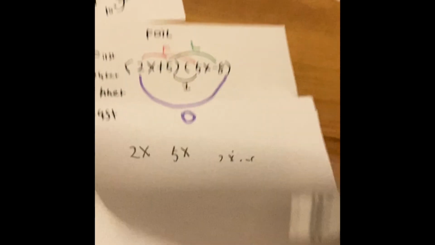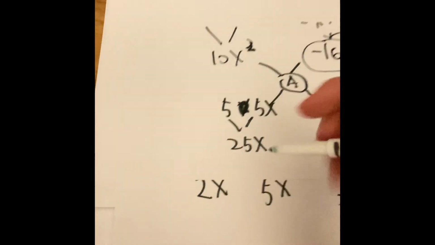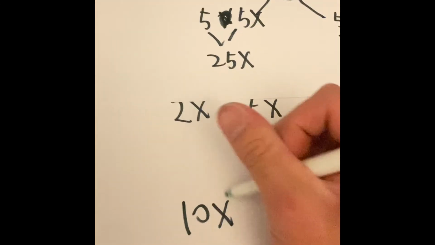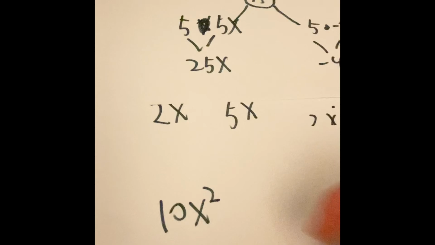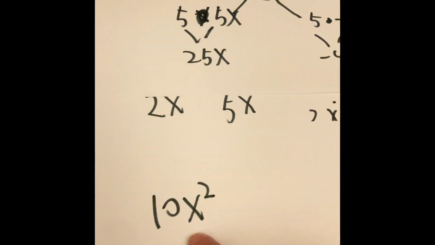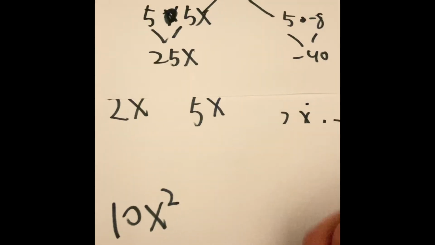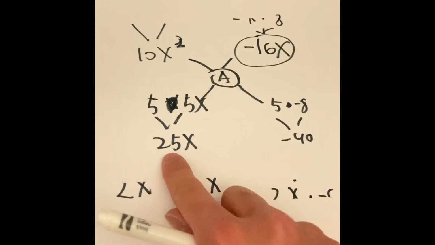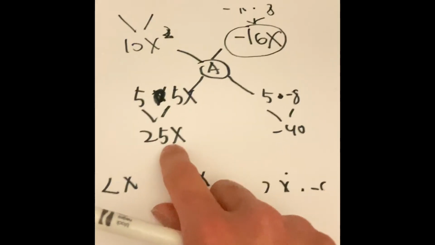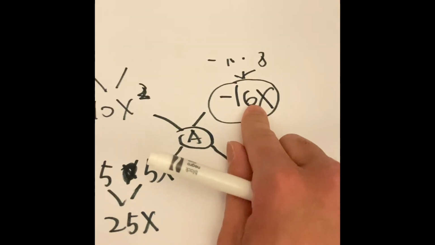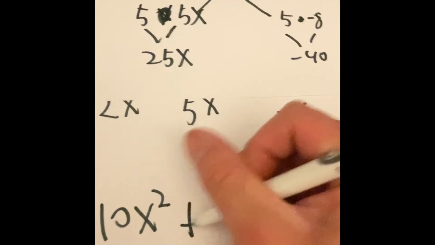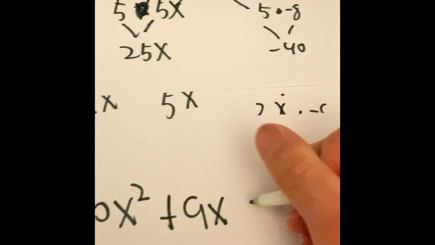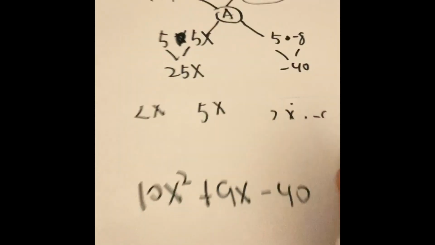Let's do it. So, we have 10x squared first, because that is an exponent. Exponents are boarding the plane first. Now, we have negative 16x and positive 25x. 25 minus 16 will get a positive 9x. Subtract 40 and bam!